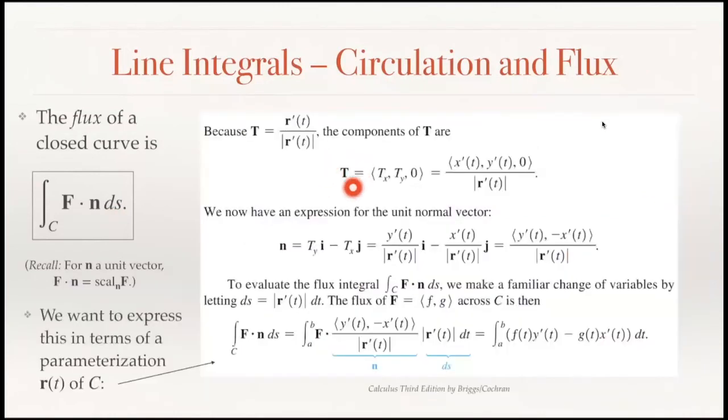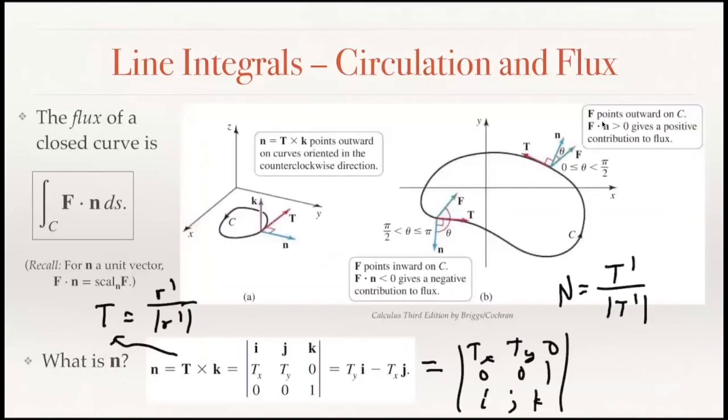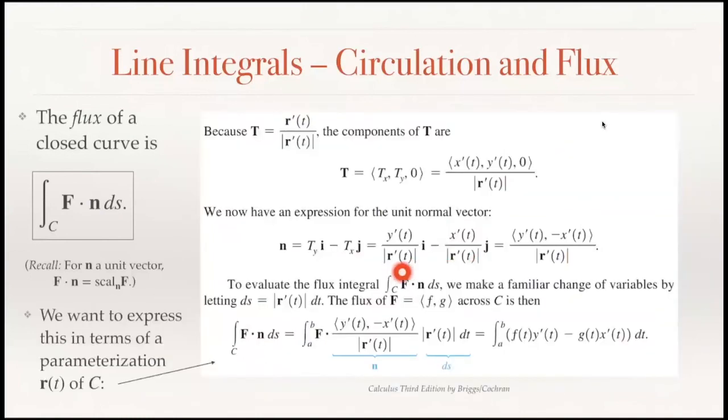So we know that the unit tangent vector has components, well, its y component is 0, but its x component is x prime of t over the speed, etc. So n, which is this, as we found over here, is this, which is that. You can pause the video if you like. So our flux integral, n is that.